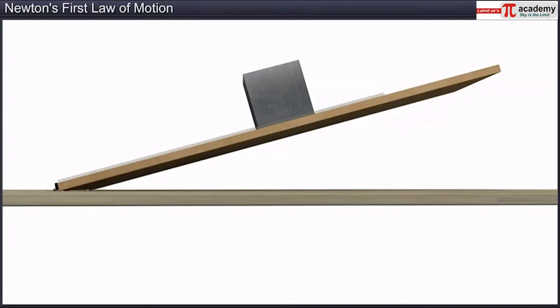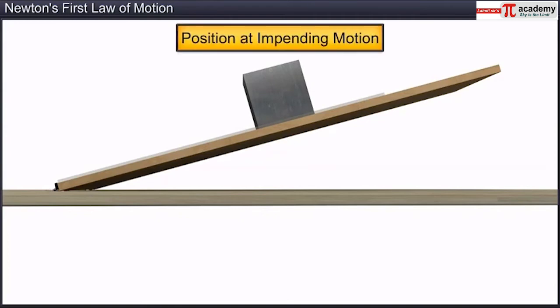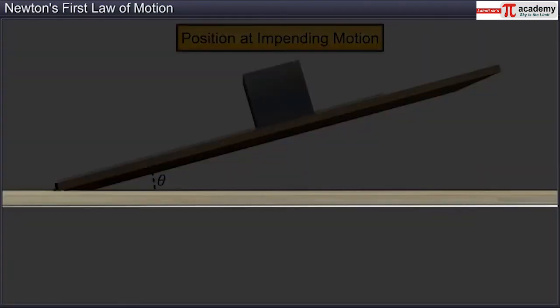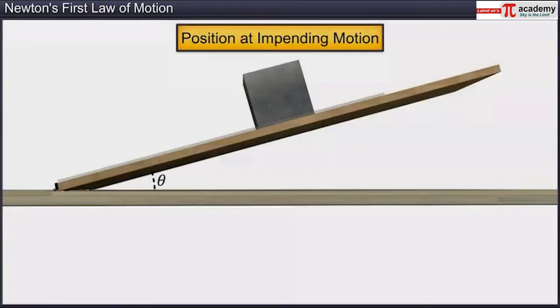That is, without any external force being applied to it. This position of the inclined plane is known as position at impending motion. Theta is the angle between the inclined plane and the horizontal surface.